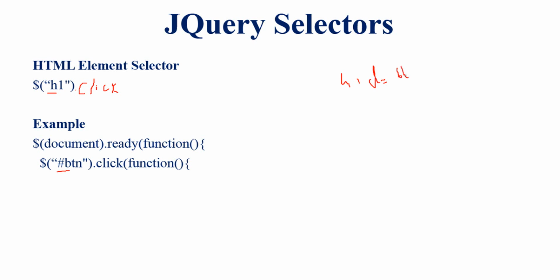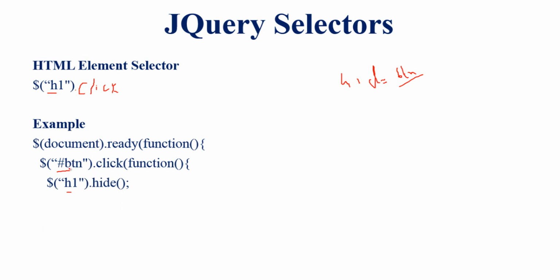So it means that btn is the id value. When we target this specific h1, we will use btn with the hash symbol. This is the id selector. Dot click, and you can see that h1 is the element selector without a hash symbol or dot symbol. This is the element selector, and it should hide when we click on this button.